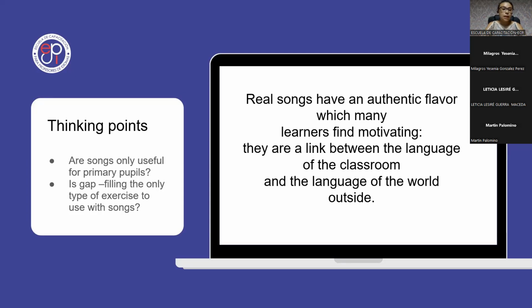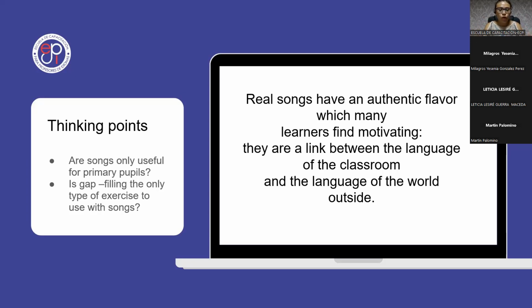And sometimes the meaning is not clear. So it can be a good idea if you change every 2 months, every 3 months, that you change that chant. Or maybe you can start with a different song. If the song is very long, you can cut them. So one verse during 1 month, another verse for the other month.